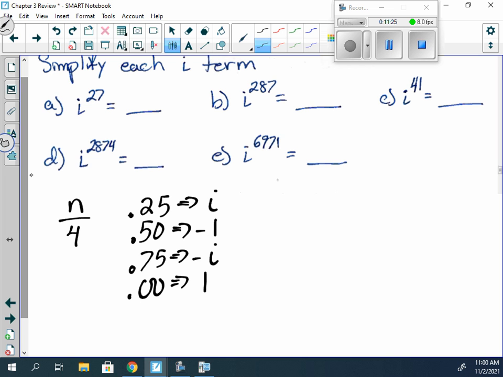So what we can do is we can take the exponent and divide it by 4, and look at the decimal. Because if the decimal is 0.25, it reduces to i. If it's 0.50, it reduces to -1. If it's 0.75, it reduces to -i. And if it's 0.00, it reduces to 1.